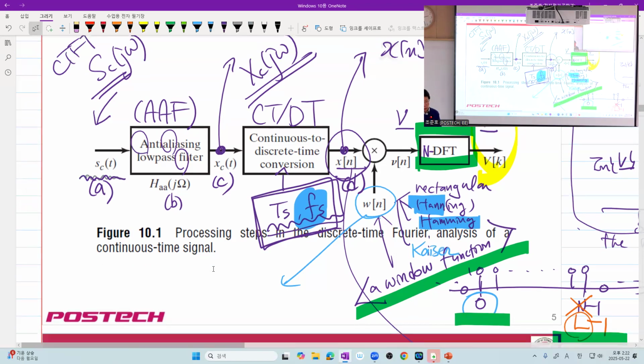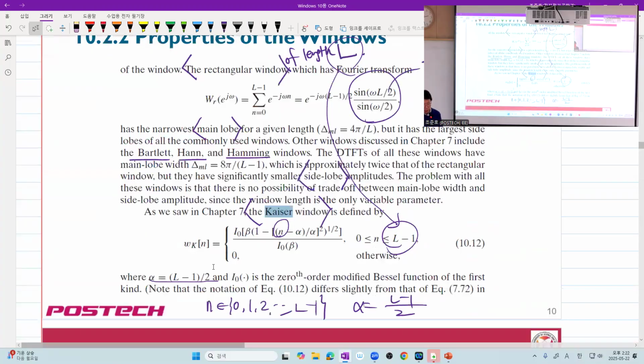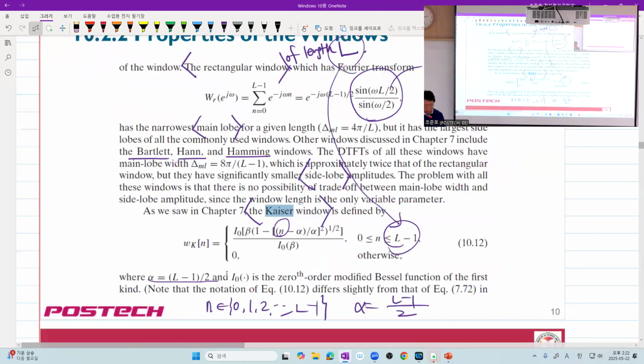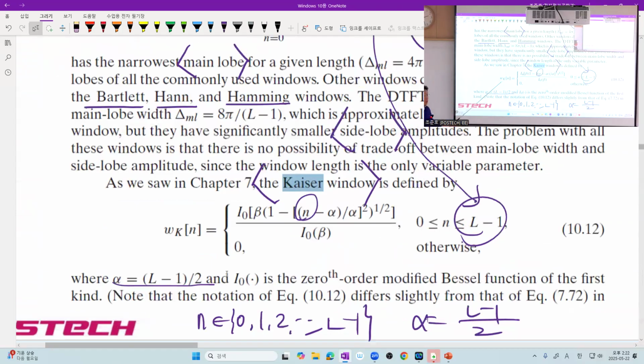And the Kaiser window is defined like this. Very strange at first glance. So this capital K means Kaiser here. Again, depending on the material you look up, sometimes the function is defined as a totally symmetric function. But in our textbook, it always starts from 0 and ends at L minus 1.